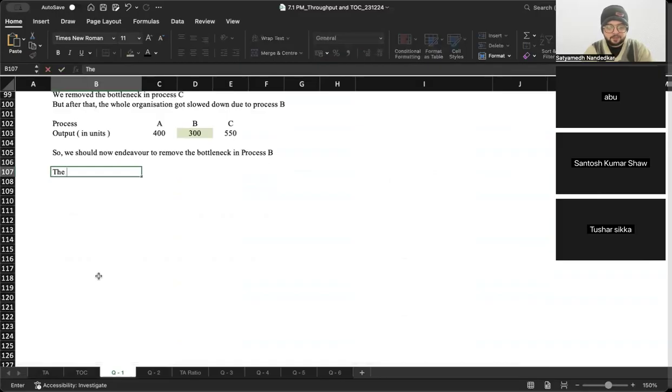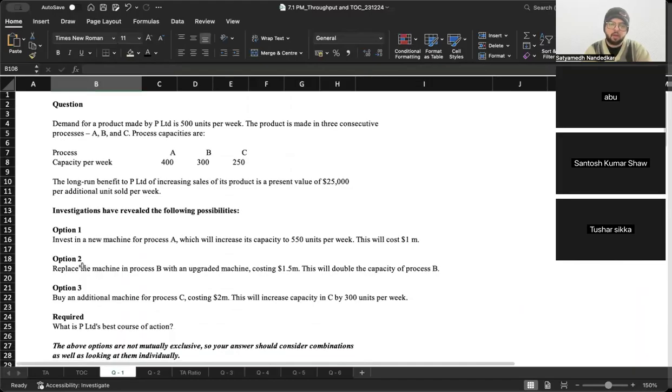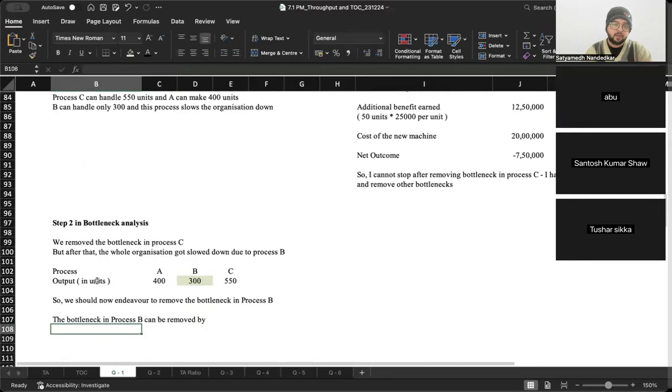The bottleneck in process B can be removed by doing what? Replacing the machine with an upgraded machine.